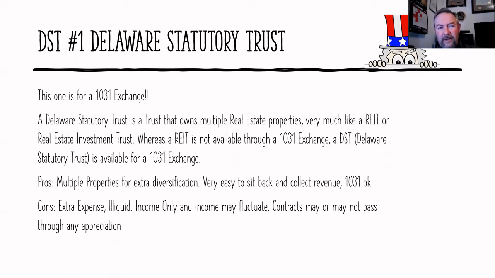They're a little bit harder to find. They're not typically publicly traded. So there's management issues that could pop up, and it's definitely an illiquid investment. So if you get into these, it's for an income only type play, and you really have to have an extra degree of trust for the management of the multiple real estate properties that you hope to invest into through your 1031 exchange.